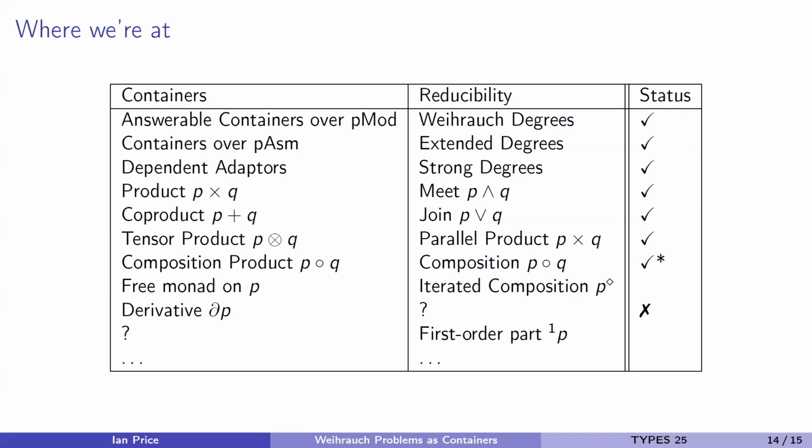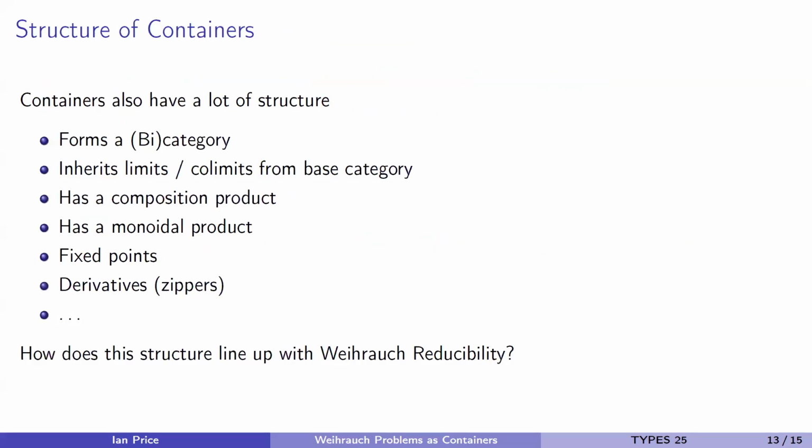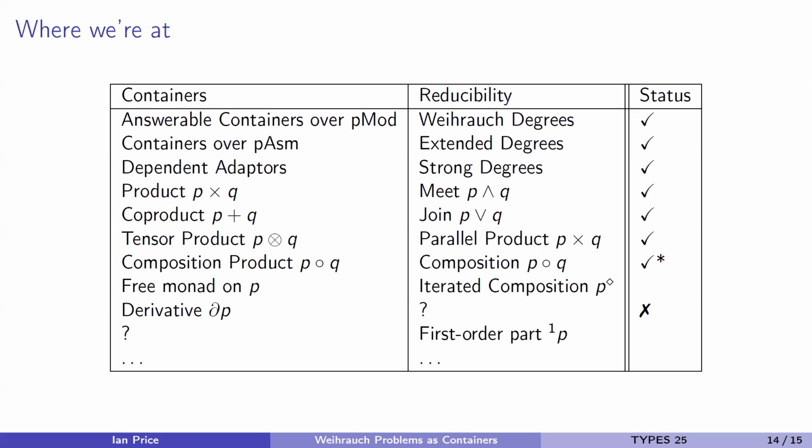A bunch of the algebraic structure just lines up one-to-one: products become tensors, coproducts, joins, etc. Composition of Weihrauch degrees and composition of containers has a star next to it because, well, this category that we had before at the bottom here doesn't have exponentials in it. It has a fair amount of structure. It's got enough projectives, so we can conjure up a weak exponential, but weak exponentials aren't enough to get an actual functor here. So tick star, try again.